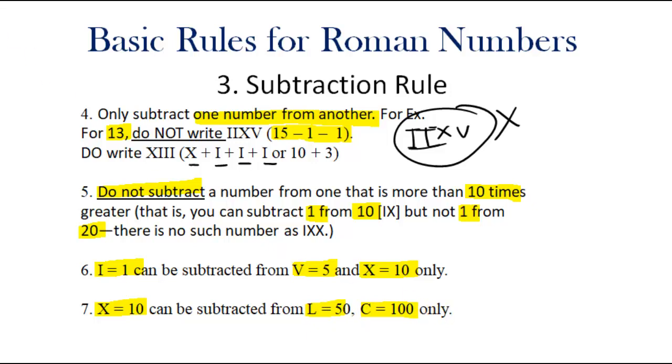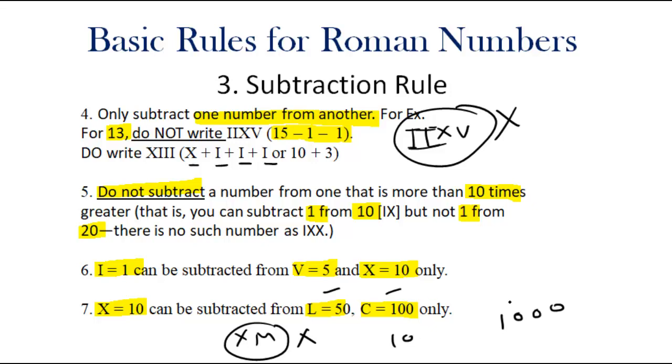You cannot subtract X from M. If you try to subtract the X from M, this is an invalid combination because X means 10, M means 1000. So it is 100 times greater, and in short we can say that X can be maximum subtracted from L and C only.